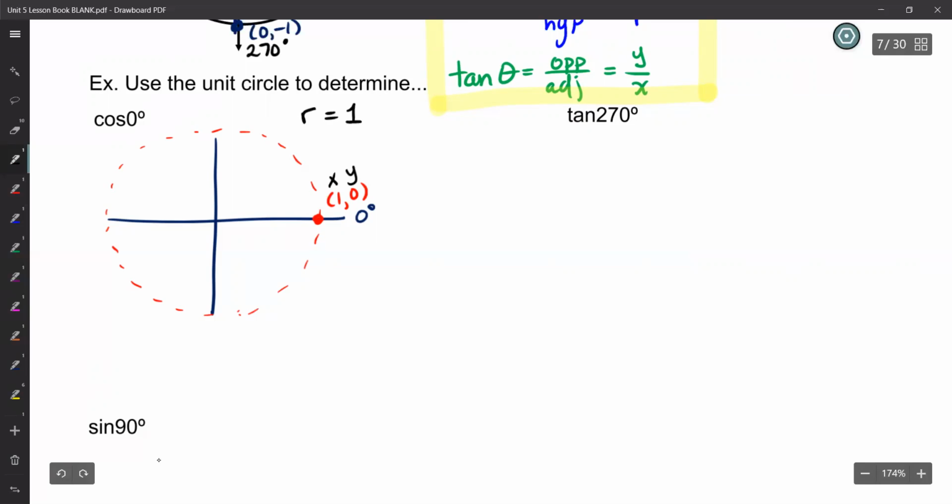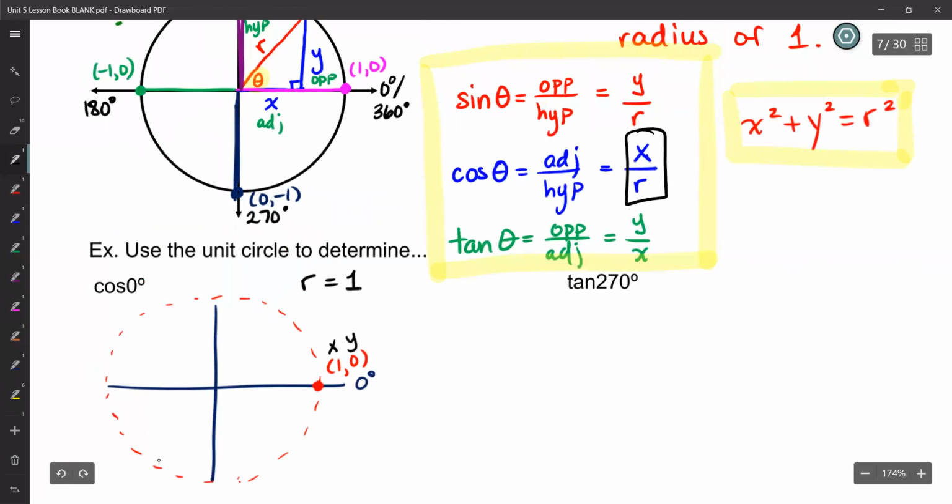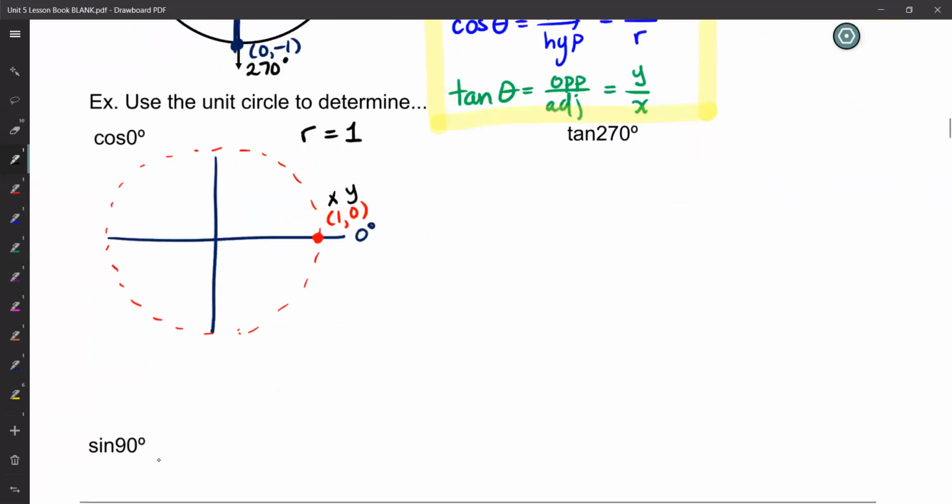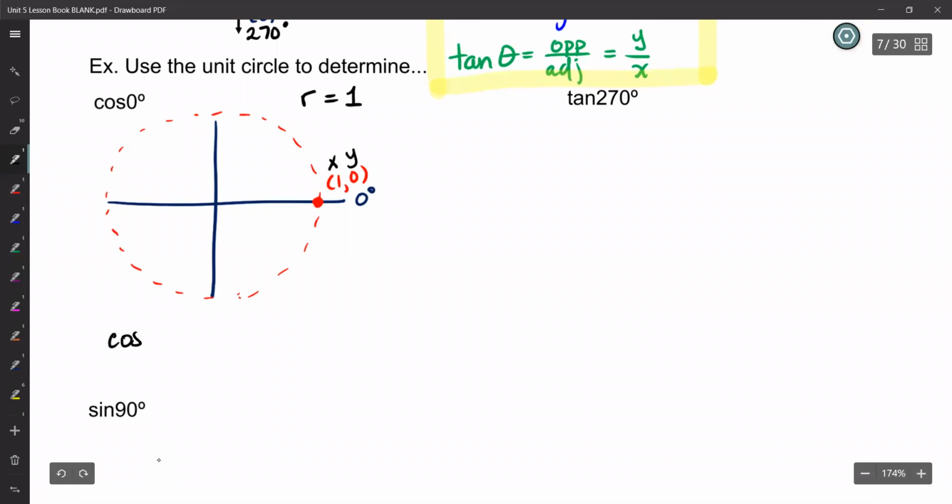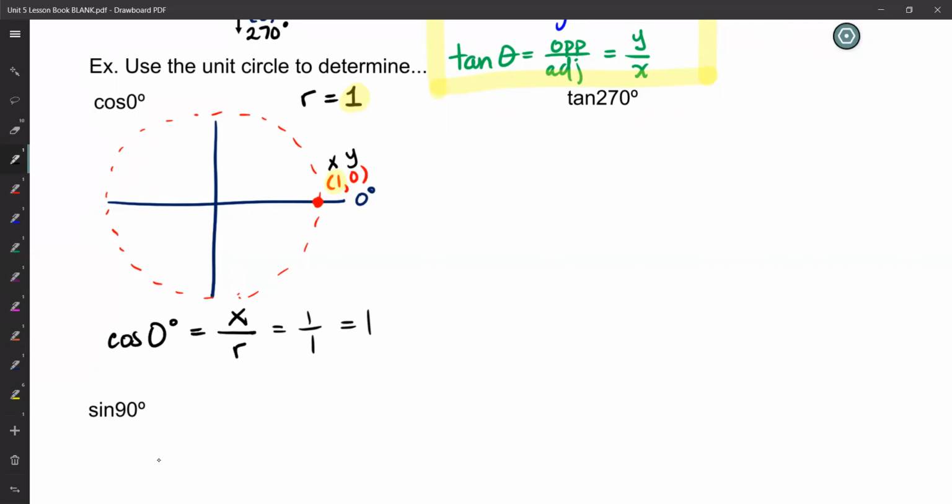Okay, so if cosine is x over r, I can find cos of 0 really easily, because the cos of 0 will be equal to the x at this location over the radius of the unit circle. So what's the x at this location of 0? The x is 1. It's right here. So I'm going to do x over r. In this case, it will be 1 over 1, which equals 1. So if you sub into your calculator cos of 0, you should get 1, and this is why. You can check it if you want.